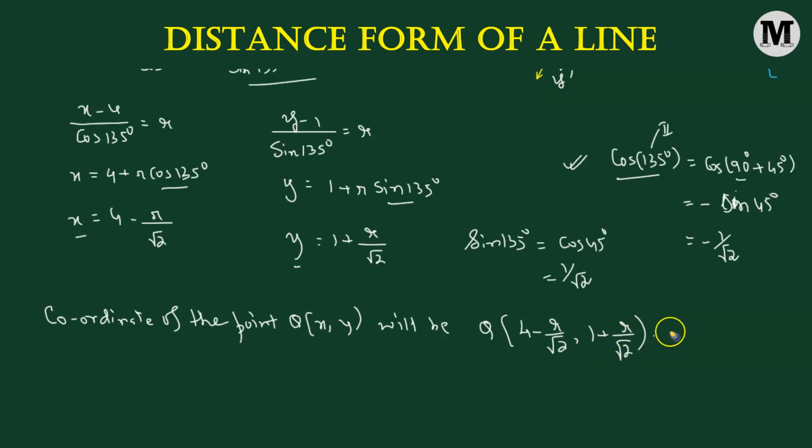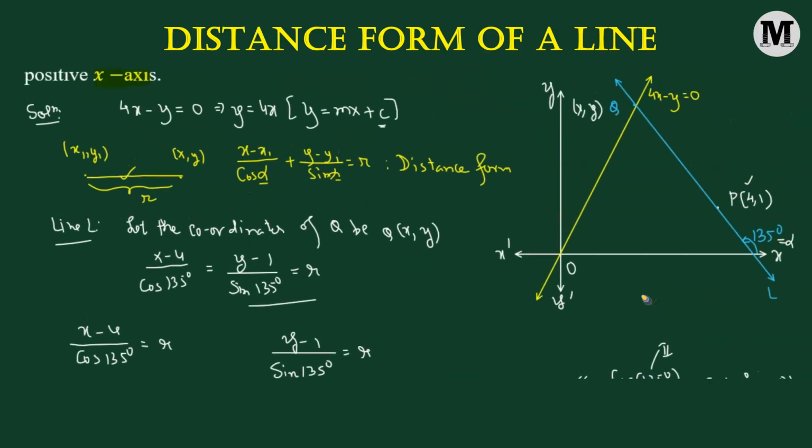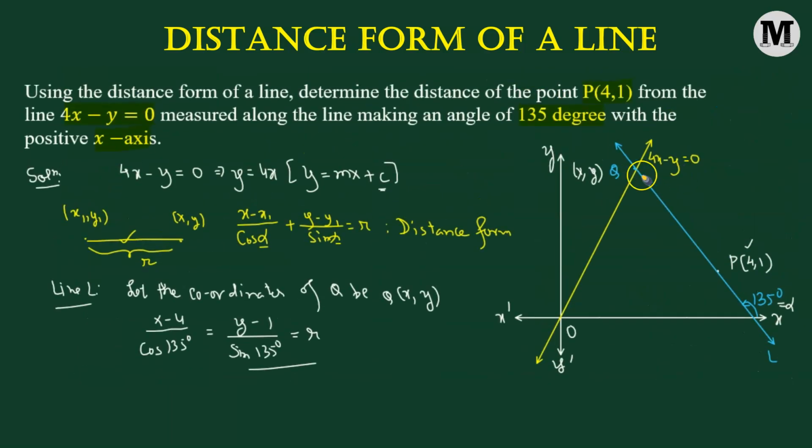Fine. So here we have expressed the coordinates of the point Q in the parametric form. The reason why we did this is because we know for a fact that Q is also going to lie on the line 4x minus y equals 0. So if it lies on the line 4x minus y equals 0, it must satisfy that equation.